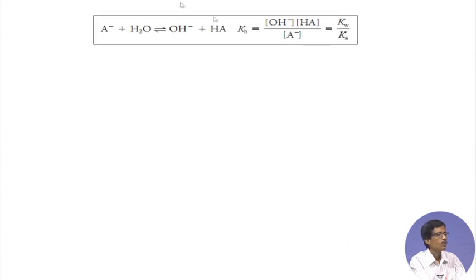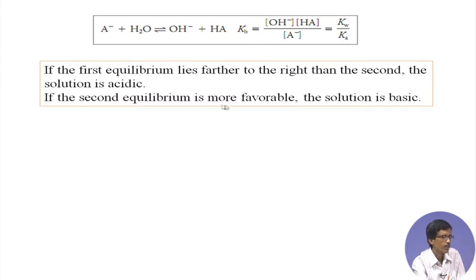Now, for the corresponding conjugate base, that means the acetate ion which is getting hydrolyzed, we have considered how hydrolysis can take place, giving rise to the corresponding Kb value, and this Kb value we have also considered earlier is nothing but Kw divided by Ka. So, these all are related: Kb, Ka and Kw.